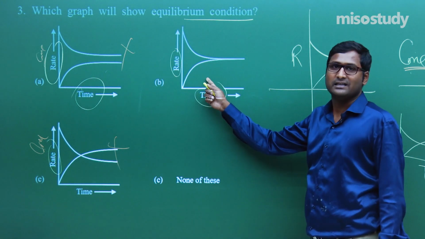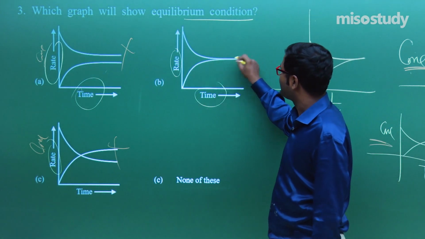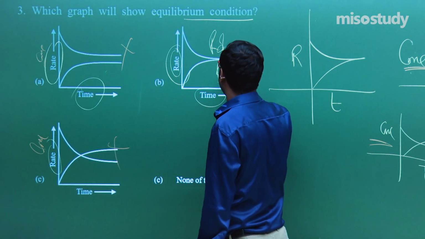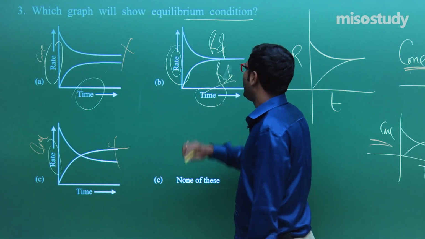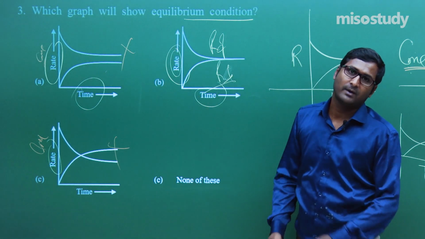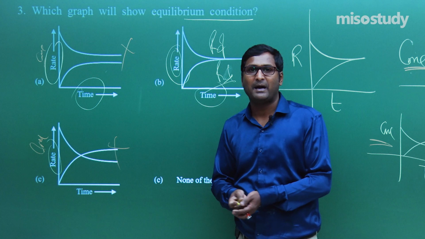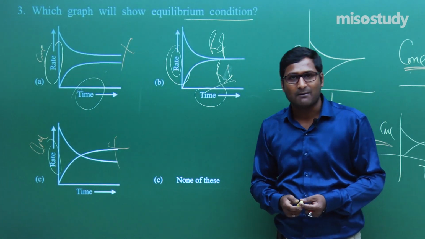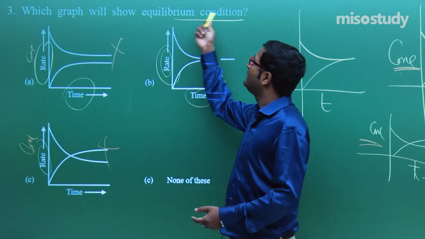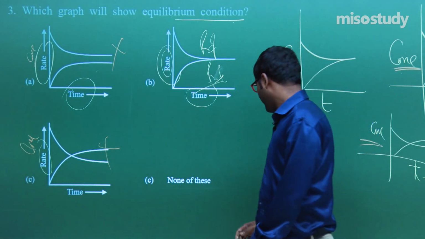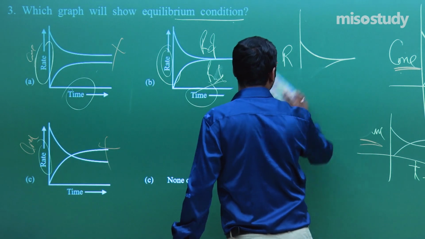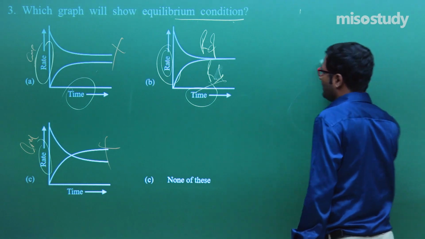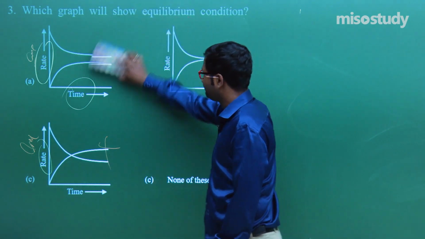This one, because the graph touches, that is, in this case, the rate of forward reaction is equal to the rate of backward reaction. If the rate of forward reaction is equal to the rate of backward reaction, then we can say this is an example of equilibrium. Clear? So I'm going to wrap this part, friend, and we'll discuss the next part of the question. Check these things very carefully, what I'm telling.